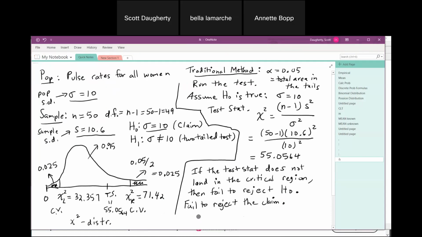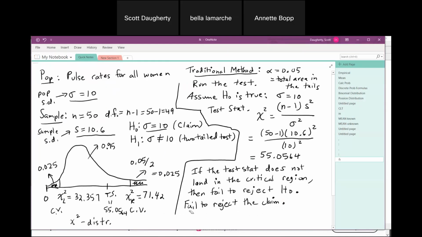But MyMathLab uses more sophisticated words to get across this same idea. I'm perfectly fine with you thinking of it this way if it's easier for you. Failure to reject the null is a failure to reject the claim.